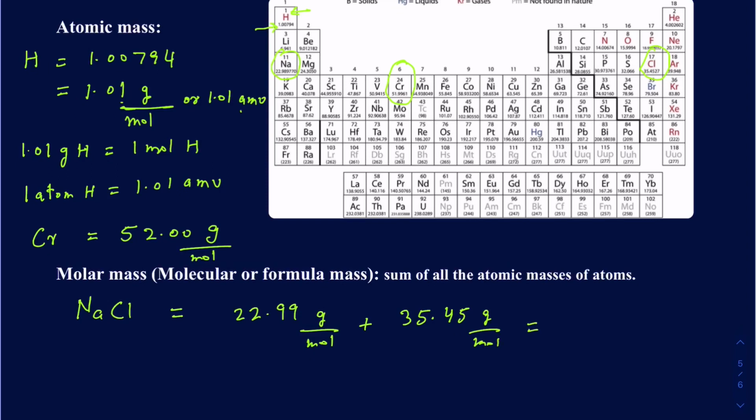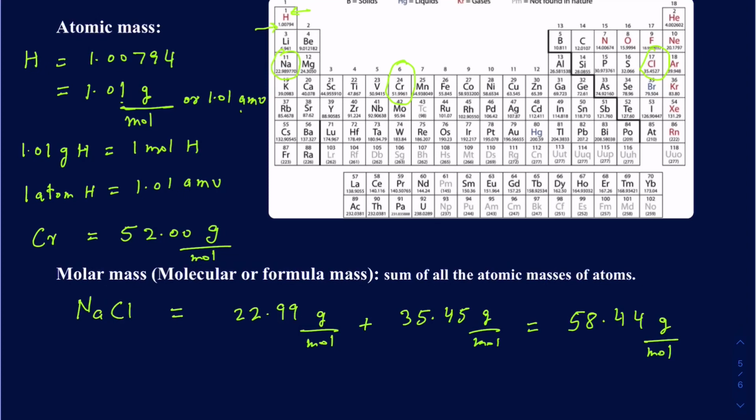When I add these up, it's going to be about 58.44 grams per mole. So that's going to be the molar mass for NaCl. The molar mass also has some other names, for example, molecular mass or formula mass, and they are interchangeable.